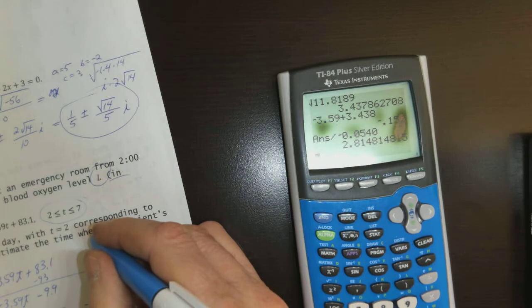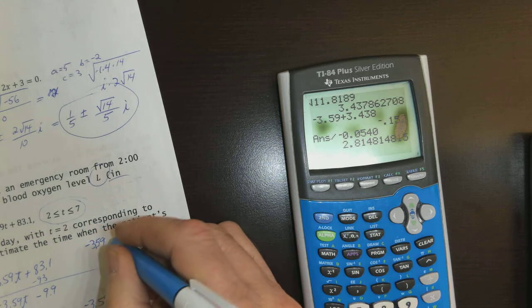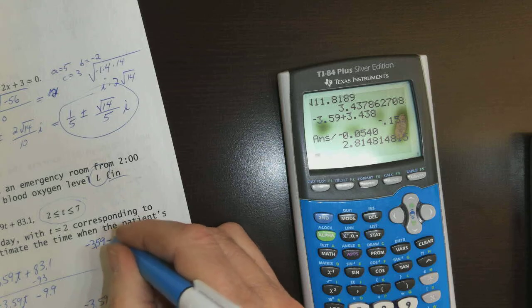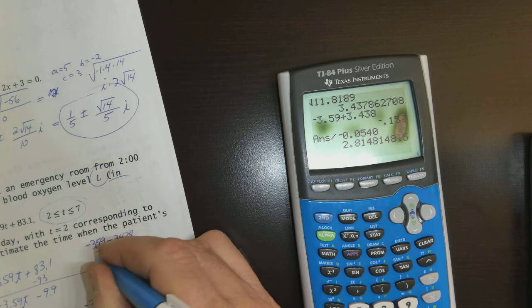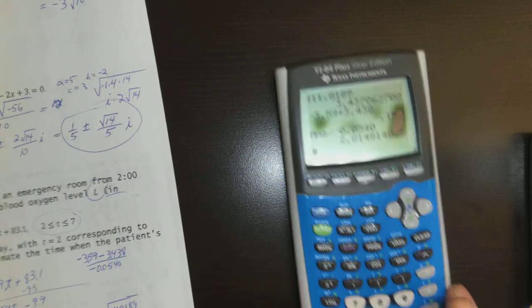Come up here and do the subtraction. Negative 3.59 minus 3.438 over negative 0.0540.